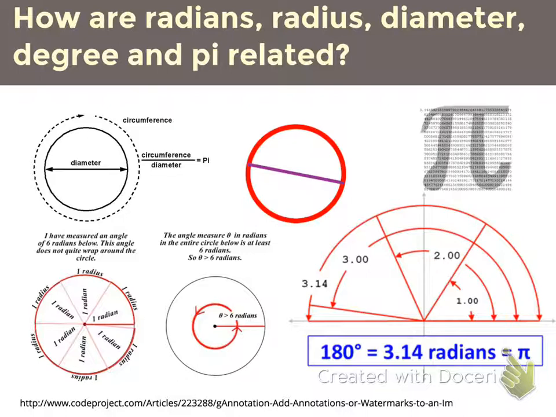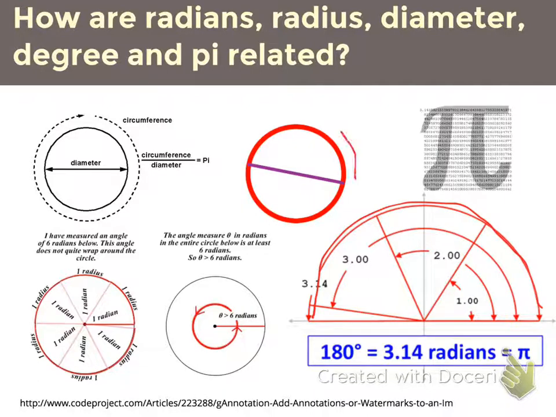Therefore, we can now determine and use this measurement right here, that 180 degrees is actually going to be equal to 3.14 radians. I know it was falling short, so it has to be a little bit further along. So they said, oh, well, it's going to be equal to pi, that very special number every time.